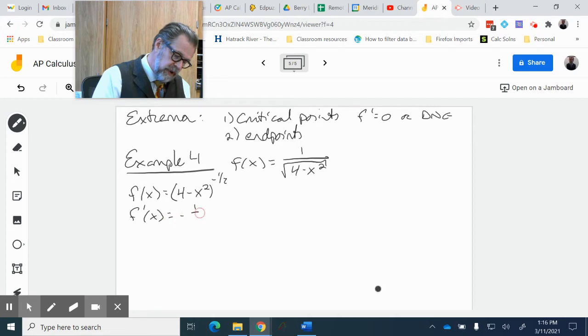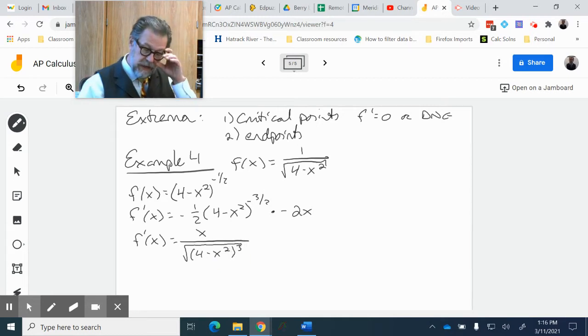Power rule says negative 1/2 times 4 minus x squared to the negative 3/2, times chain rule. The derivative of 4 minus x squared is negative 2x. The negatives cancel, the 2's reduce, and I am left with the derivative being x over the square root of 4 minus x squared, cubed.